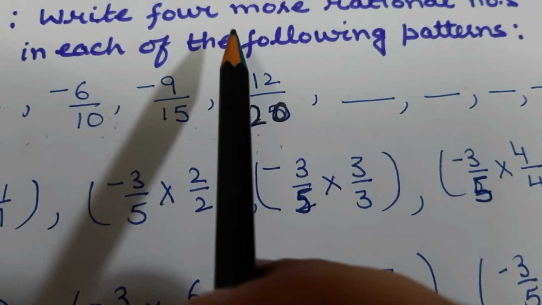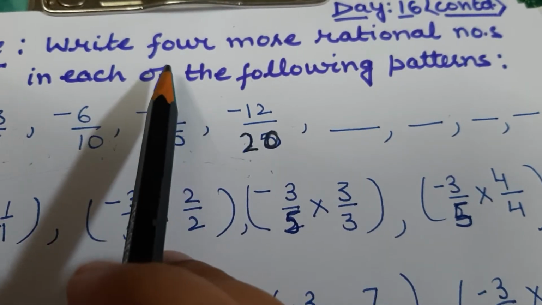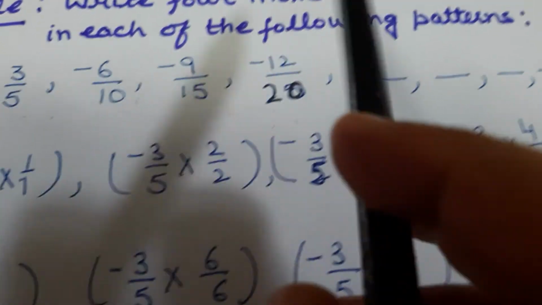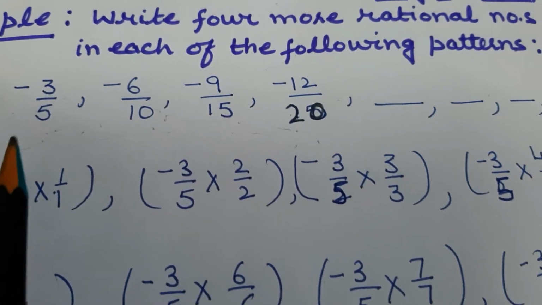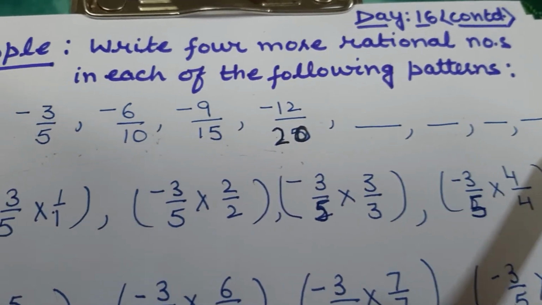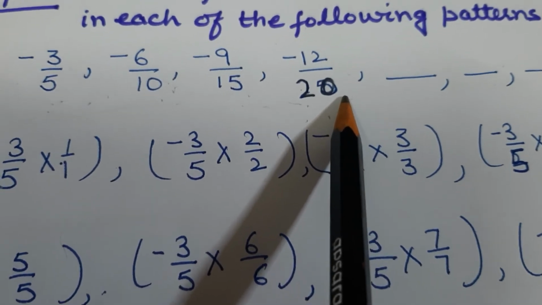Similarly, in rational numbers we are supposed to write the next 4 rational numbers. These rational numbers are already given. You have to write the next 4 by observing their pattern.